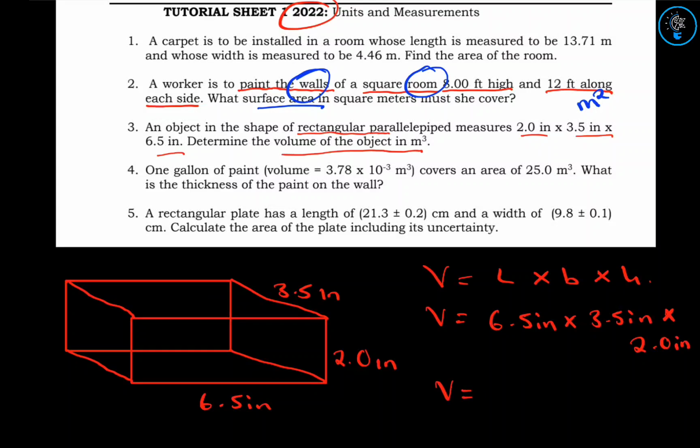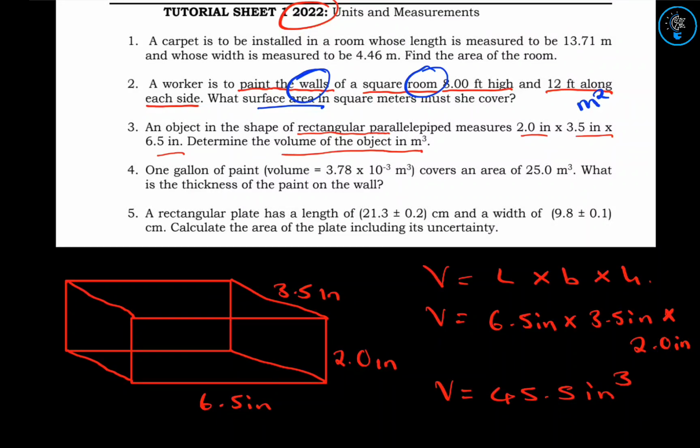Okay, so volume will be equal to, enter these values into your calculator. You're going to get 45.5 inches cubed.